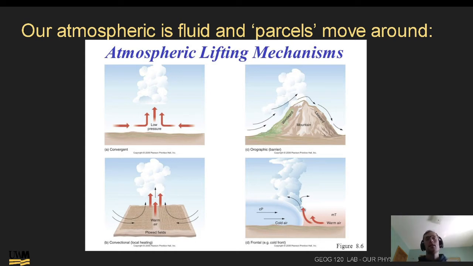Convergent lifting is basically when two near surface winds or air parcels collide, and the only place that they have to go is up. They can't go down due to the ground, and two winds are both converging on each other, which causes lift.